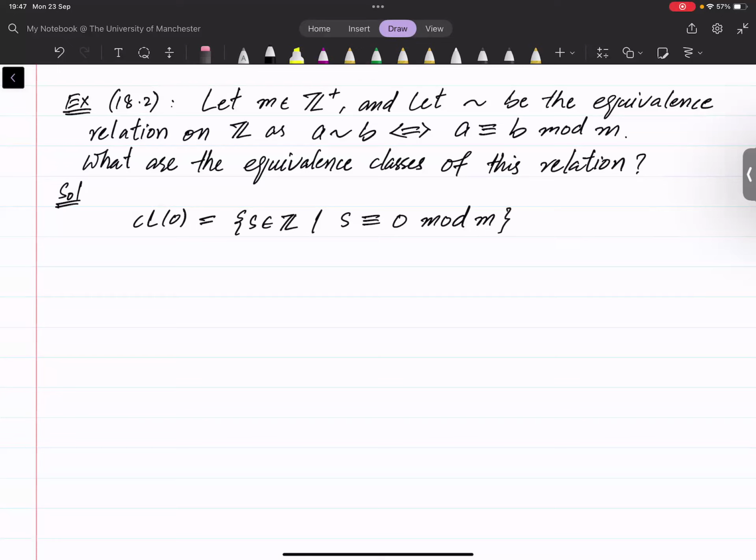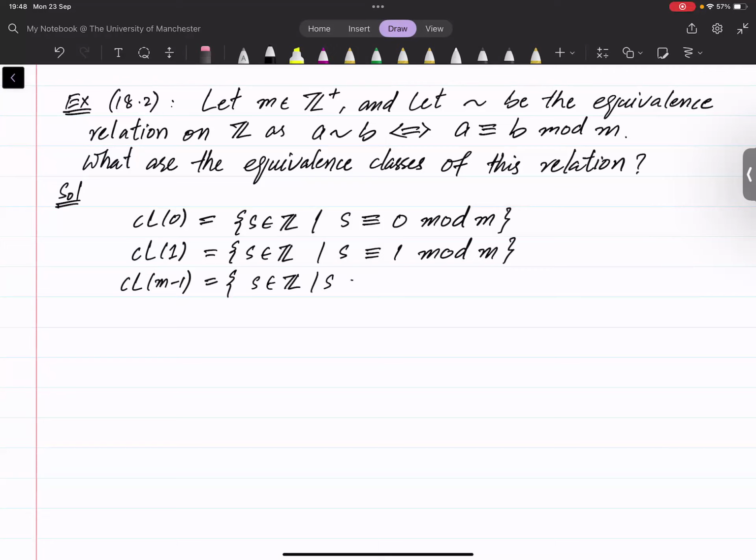CL of 1 is going to be the elements from the integers such that s is congruent to 1 mod m. And similarly, CL of m minus 1 is equal to s from the integers such that s is congruent to m minus 1 mod m. Now we claim that these are all the equivalence classes.